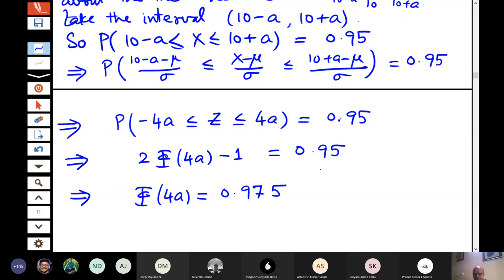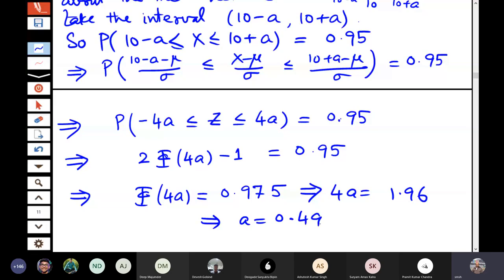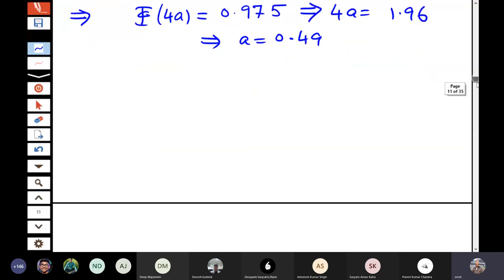So this gives us 4a equal to 1.96, which means a is equal to 0.49. So what is the interval? 10 minus a to 10 plus a.